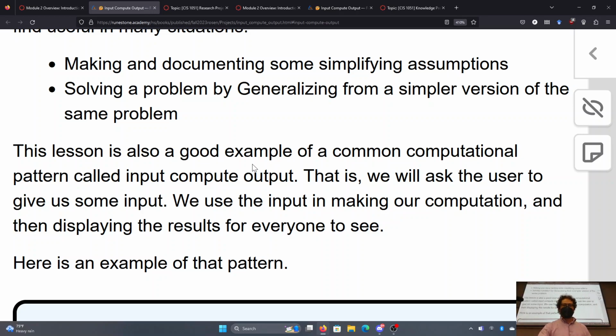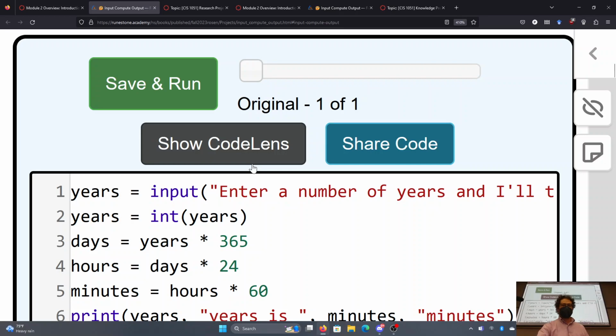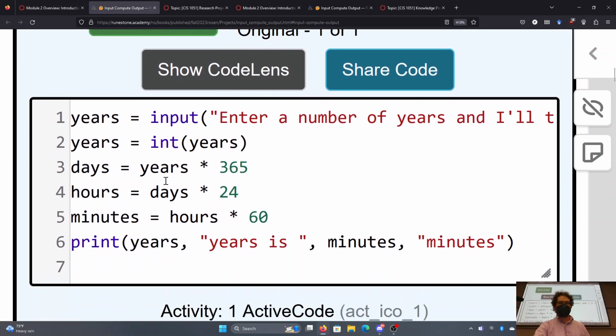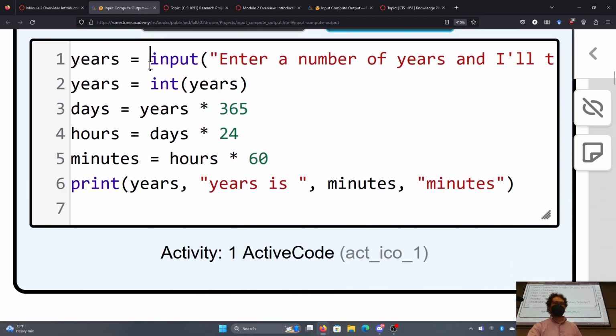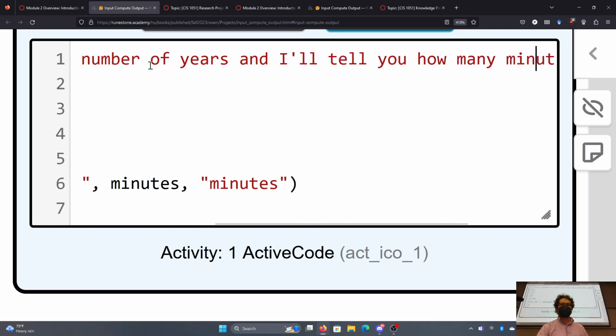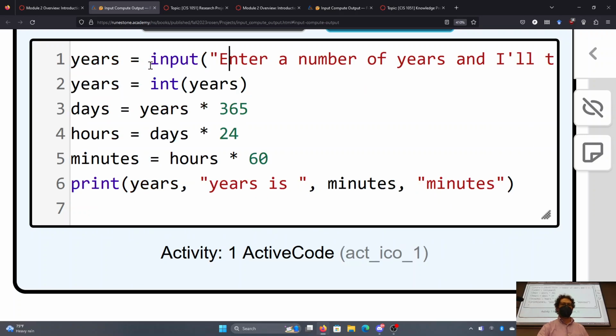An example of this is here in this code block. Enter a number of years, and I'll tell you. So here we've got an input statement asking for the number of years, and I'll tell you how many minutes that is. And then we convert that number of years, that string.